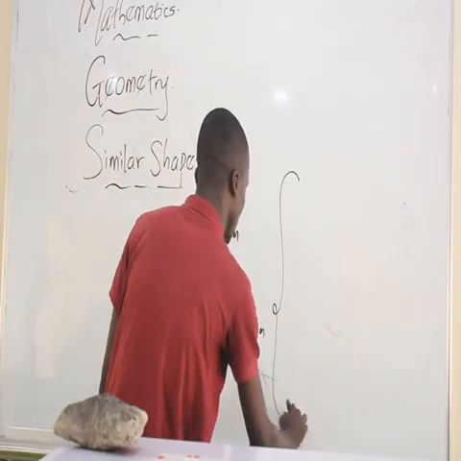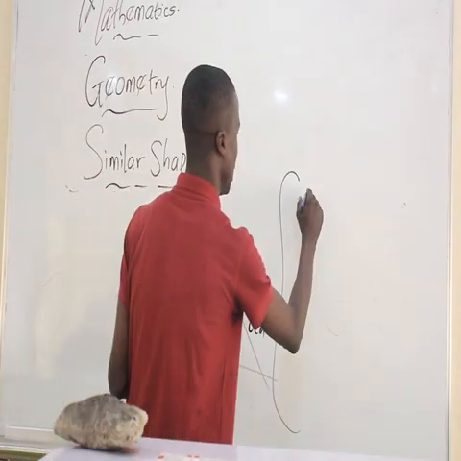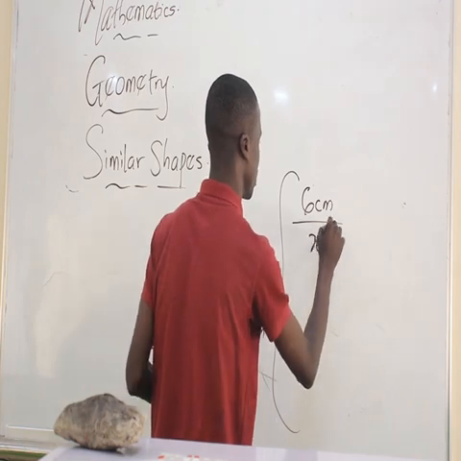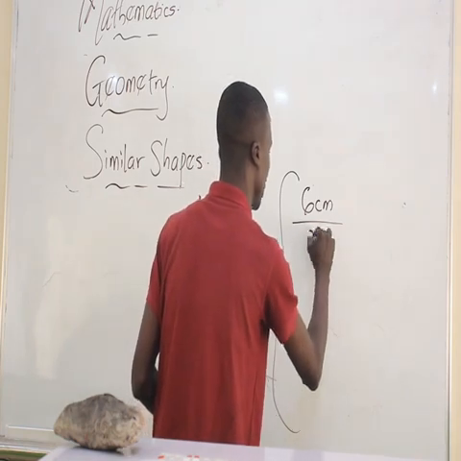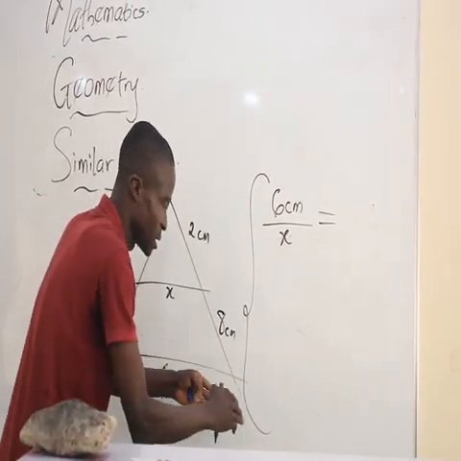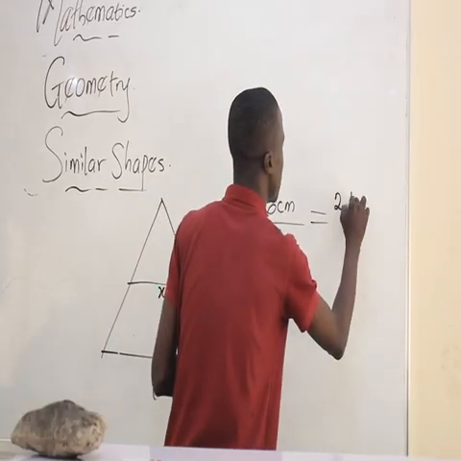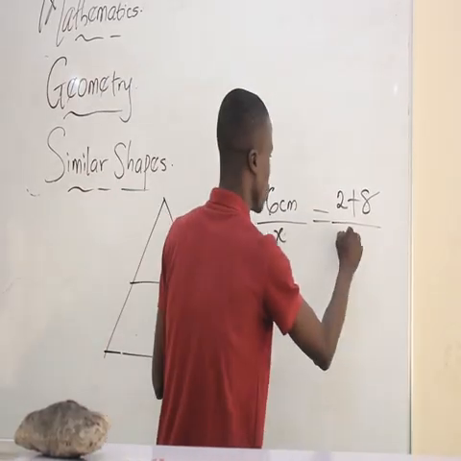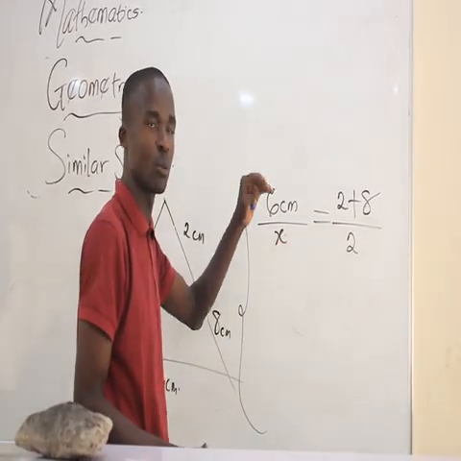To solve this, we have the big one, 6 centimeters upon x, which is the unknown, equal to the total length. The total length is 2 plus 8 upon the small one, which is 2. So it's big upon small.